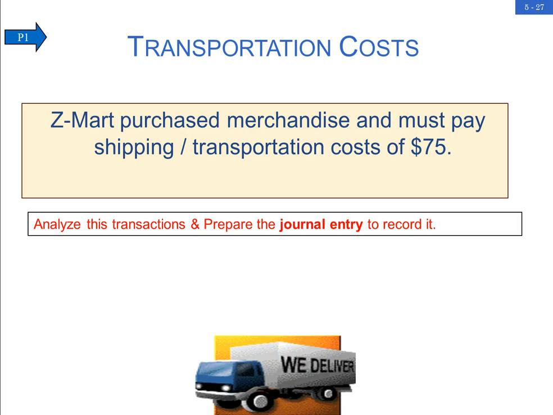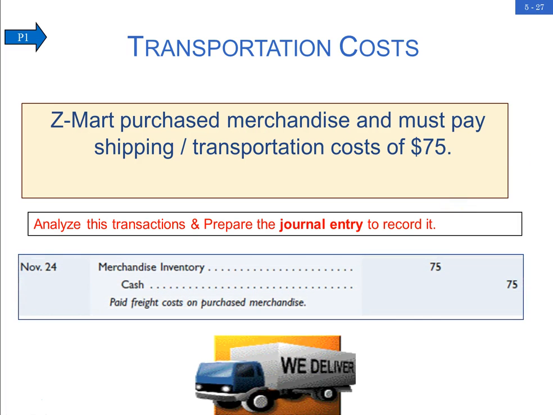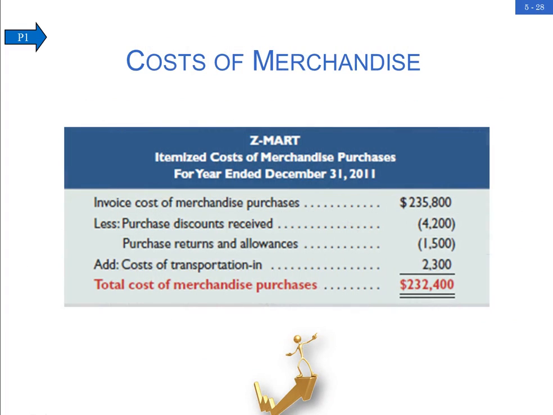And I need to increase the cost of the inventory, not take an expense. In effect, that inventory cost me more. So when we are purchasing inventory, understand that shipping costs increase the cost if we're paying for it. If we're not paying for shipping costs and the seller is paying for it, well, then we don't have to worry about it. We'll deal with what happens when we are ourselves the seller in the next section.